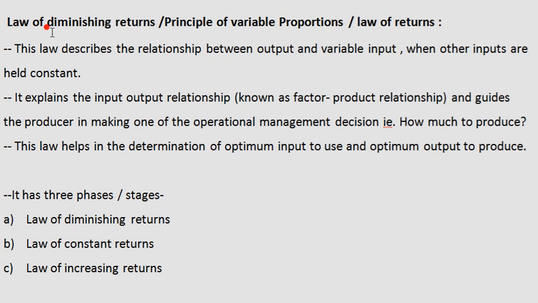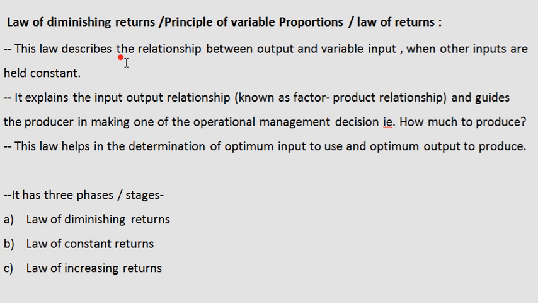And this principle is also called the law of returns because it has three phases or stages: law of diminishing returns, law of constant returns and law of increasing returns.